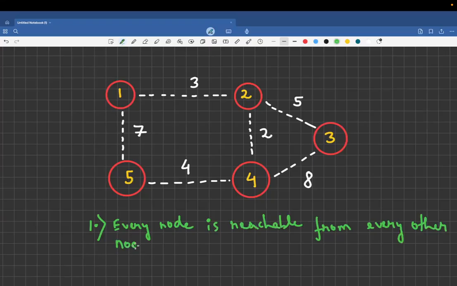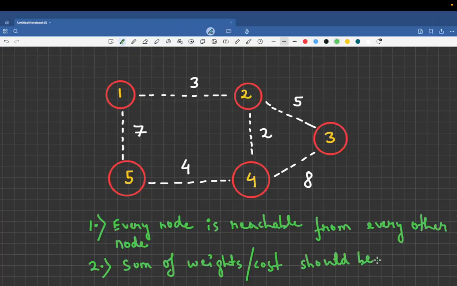The second condition is that the sum of weights, or basically the sum of the cost of reparation, should be minimum. Or basically the total cost of reparation should be minimum. Like if you are repairing a road from 1 to 2, you are bearing the cost of 3, right? So the total cost should be minimum.